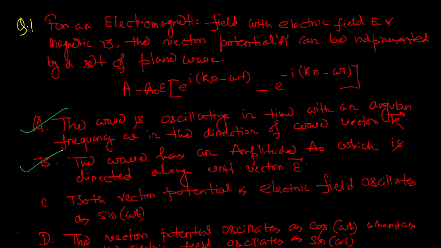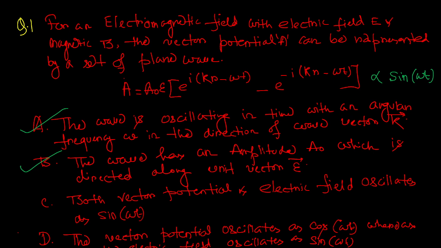Third, both the vector potential and electric field oscillate as sine omega t. If you look at this, this is e to the power i theta minus e to the power minus i theta, so this corresponds to sine omega t somehow.